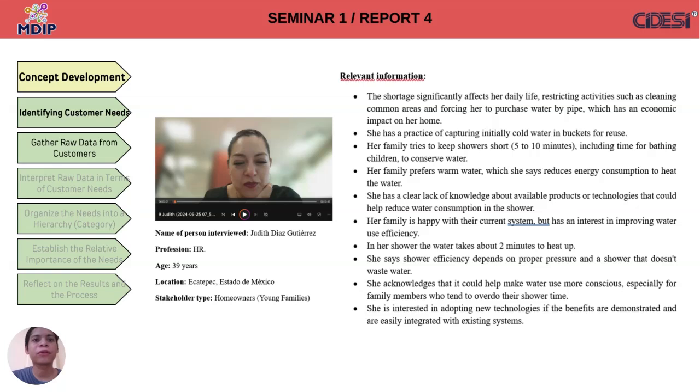For Report 4, the following step was carried out: gathering raw data from customers. A total of 52 interviews were conducted and relevant information was collated from the interviews. It should be noted that one of the main challenges faced was synchronizing the agendas with the interviewees.